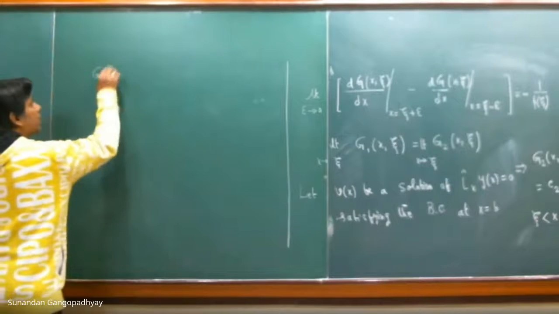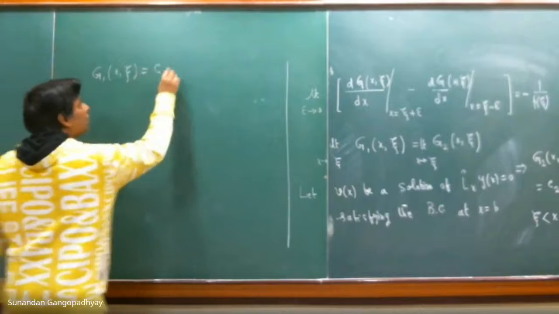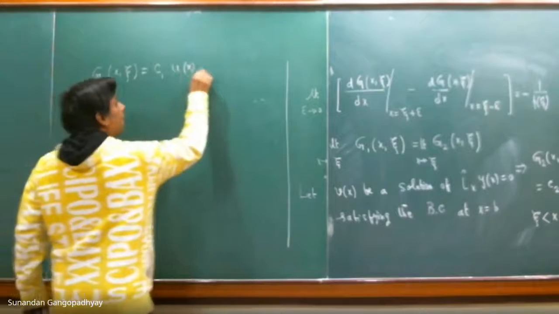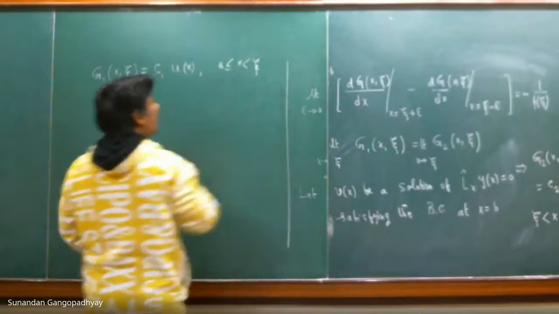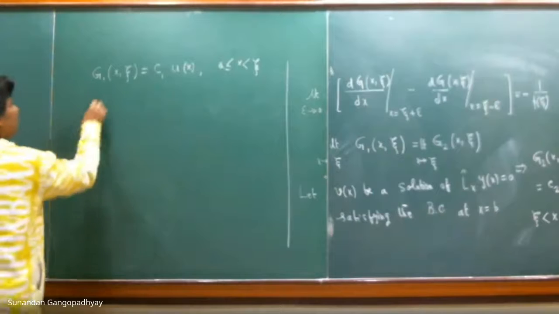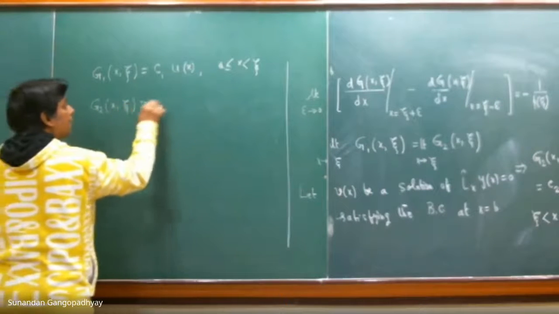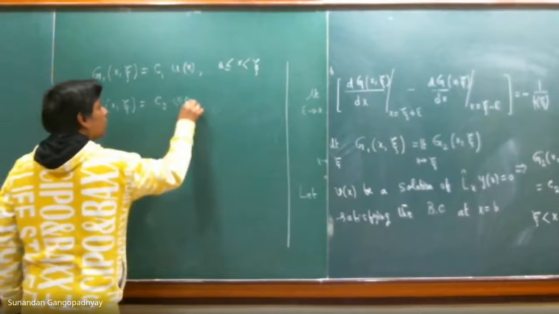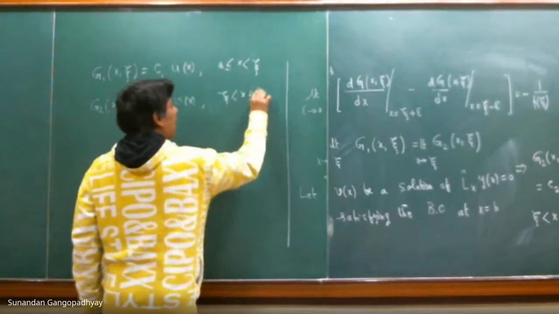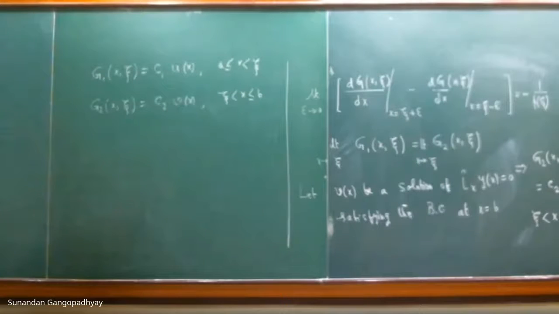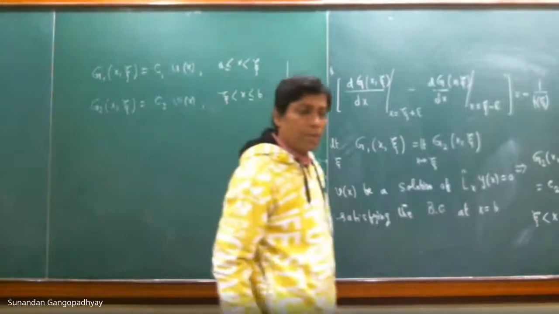So we are saying that g1 x comma xi is some constant c1 into u of x in this interval, and g2 x comma xi is some constant c2 into v of x in this interval, where u of x and v of x are solutions of the homogeneous differential equation.